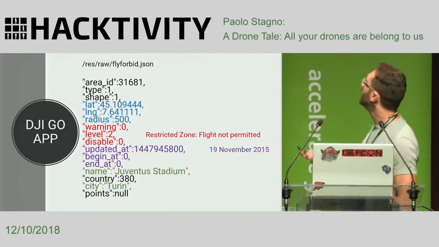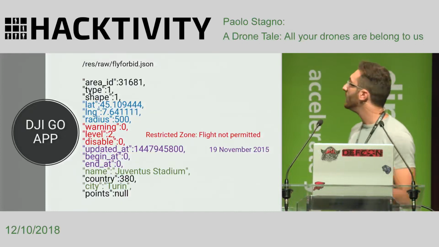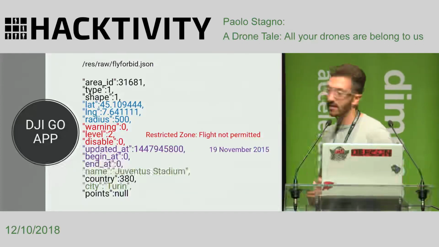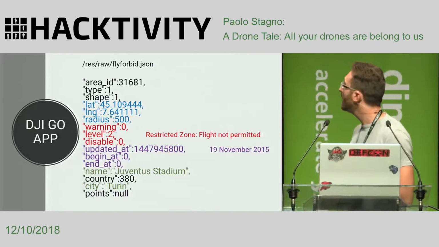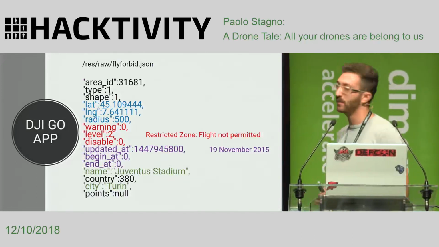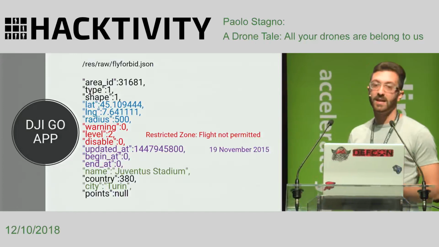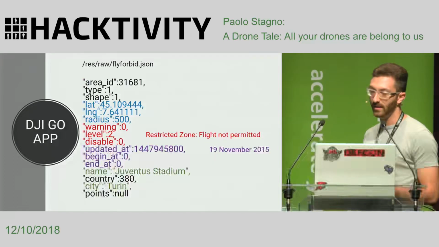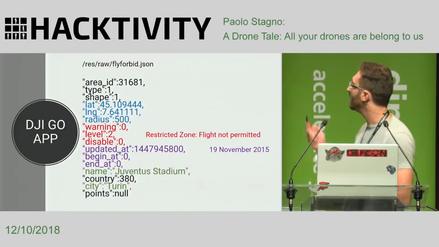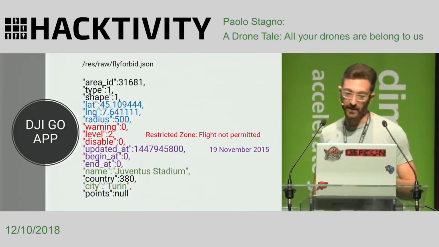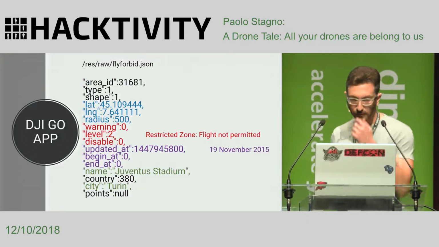As you can see from the slide, in blue you can see the information about the position and the radius of the no-fly zone, while in red you can see the type of no-fly zone. In this case, it's a stadium, so the flight is not permitted, and we can see the level. Different levels mean different kinds of no-fly zone.